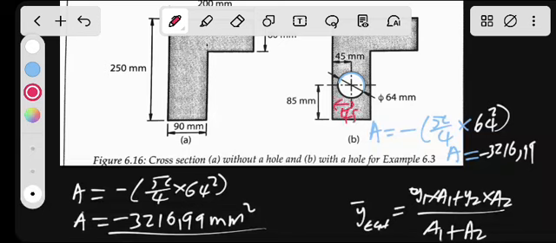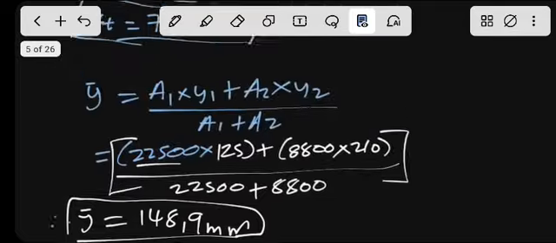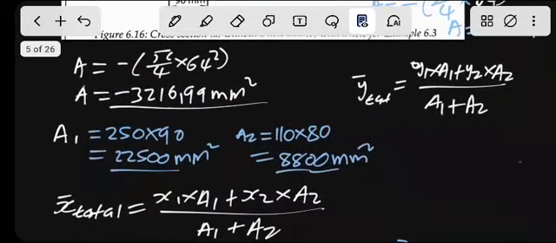X bar 1 of this object is still going to be 45. Y bar is going to be 85, obviously we're given that there. So anyways, let us try and do our things there.